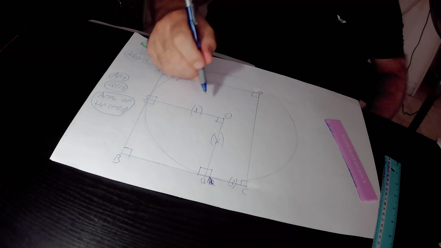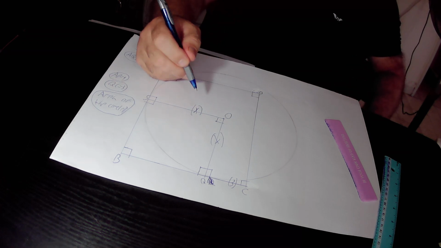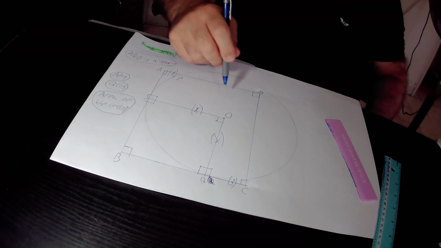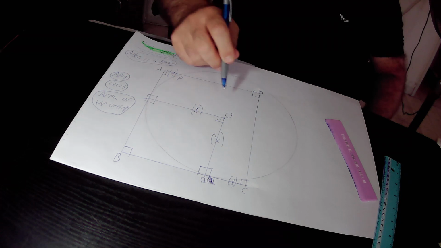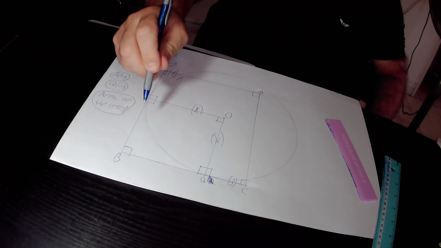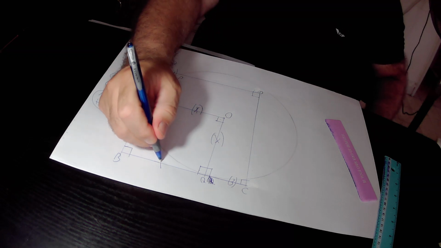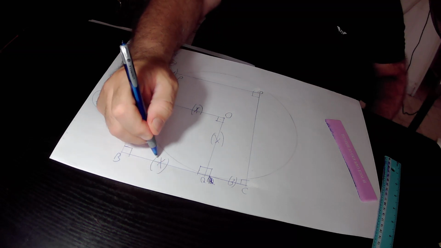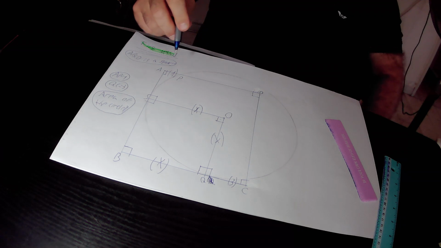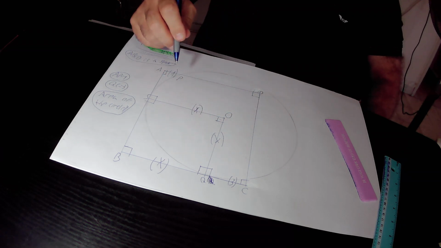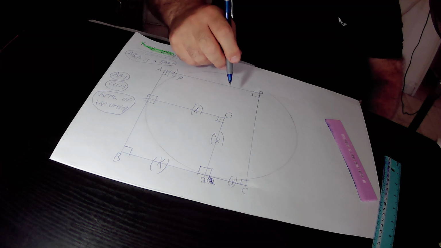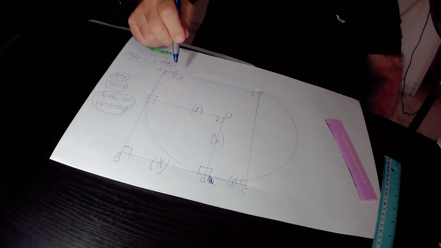But we also know that the opposite sides of a rectangle are equal to each other. So in rectangle SOQB, side SO must be equal to the opposite side QB. But SO is x, therefore QB must also be equal to x units in length. Likewise, in the same rectangle SOQB, side OQ must be equal to the opposite side SB.